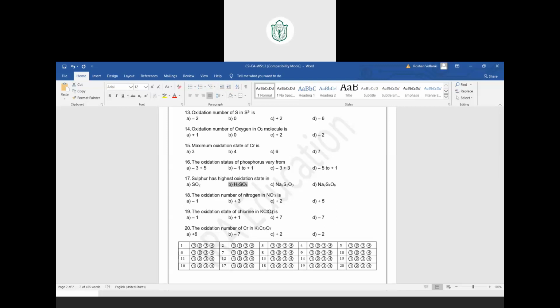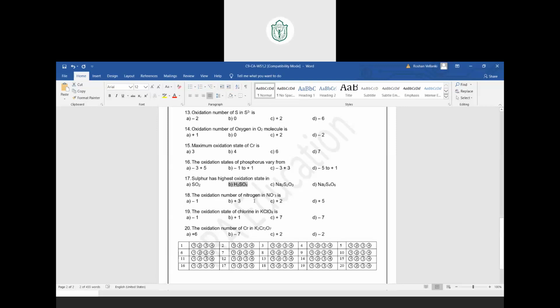Potassium belongs to the first group elements, right? So plus 1 plus x minus 8 equals 0. So what is the answer? Option C. Very good, correct.